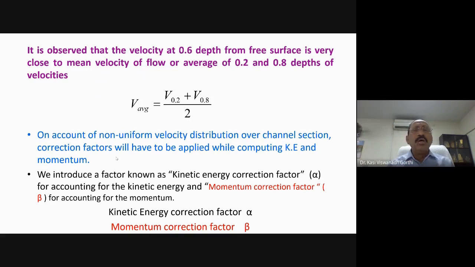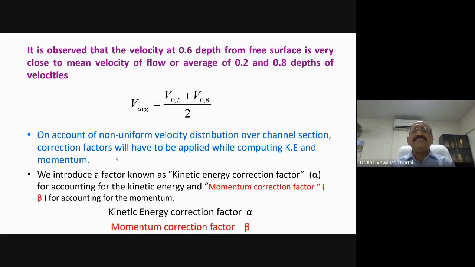Similarly, for the momentum also, both the momentum fluxes will not be equal. I repeat again, kinetic energy calculated based on the actual velocity distribution is different from the kinetic energy calculated based on the mean velocity. Mean velocity is only a computational value.